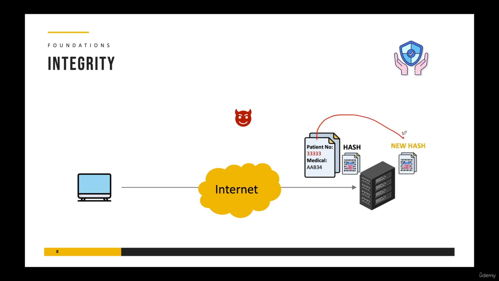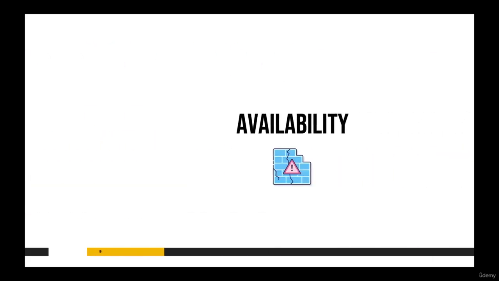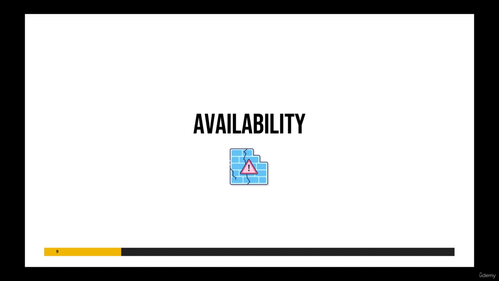So the destination is going to do its own calculations, and then compare the two hashes. If there has been any modification in the file compared to the original file, the two hashes won't match. And this is how the destination would be able to detect that there has been a compromise of the integrity of the file.